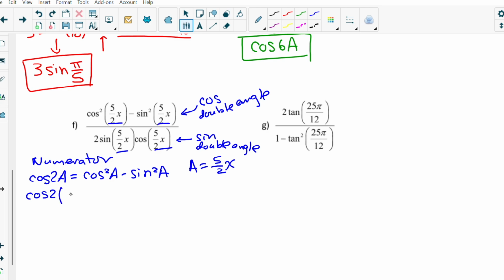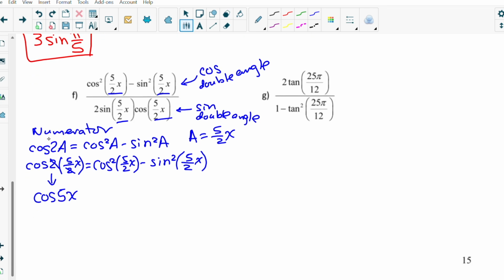Okay, so that's cosine of 2 times 5/2 x equals cosine squared of 5/2 x minus sine squared of 5/2 x. I'm looking for a single trig function, so the numerator is just cosine of 5x. Okay, I'm going to hold on to that for a bit.